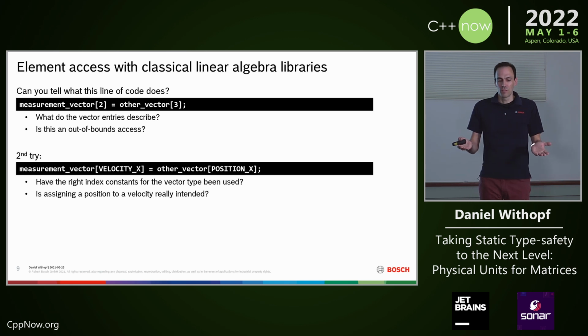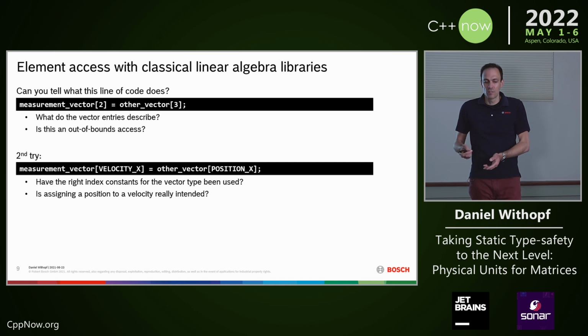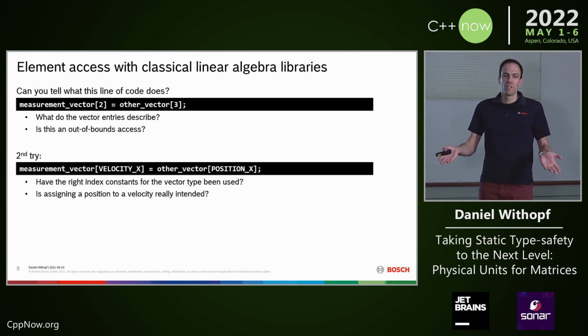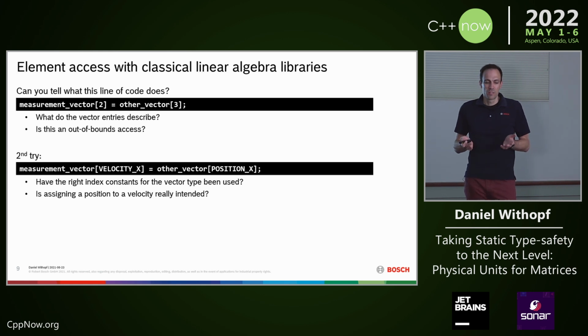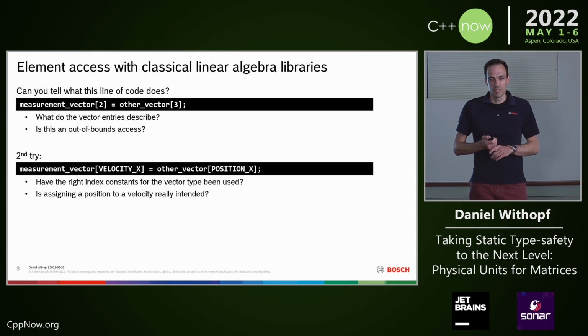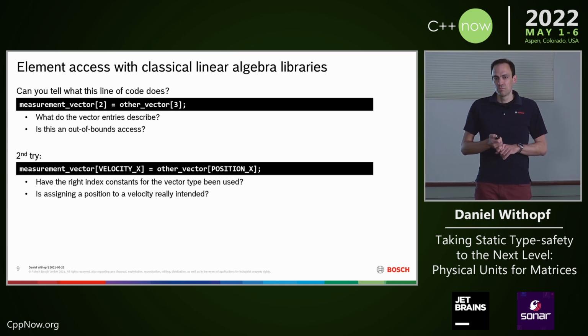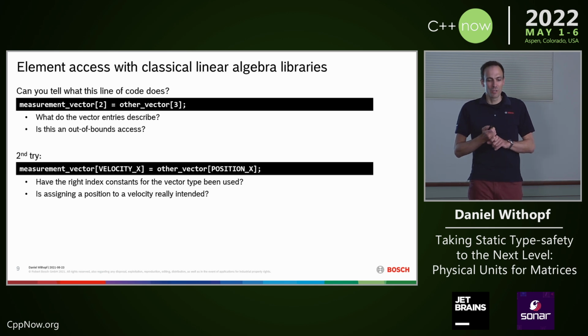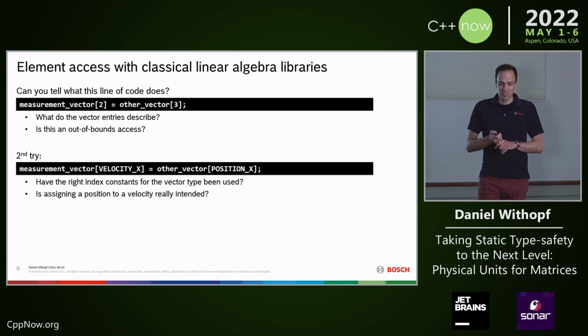Because we don't have a guarantee that these index constants are actually meant for these vectors, at least not if you use plain vanilla libraries. Of course, you could write an extension that does this. That's possible. And the second question is whether assigning a position to a velocity is really intended. Most likely, this is a bug, because I guess your physics teacher would agree with me, you shouldn't assign a position to a velocity.